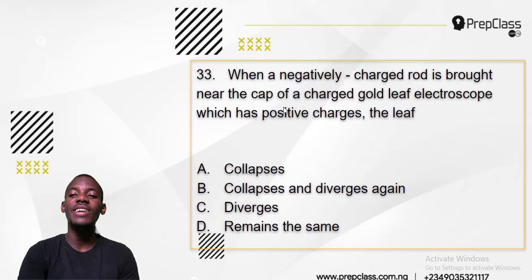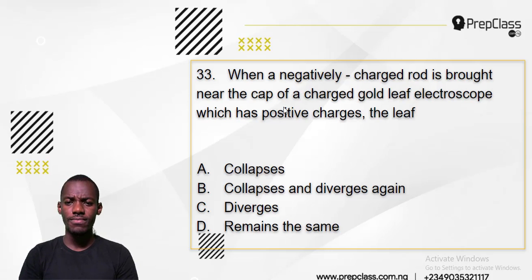When a negative charge rod is brought near the cap of a charged gold leaf electroscope which has positive charge, the leaf dash. Now we've heard about this when you learned the topic electrostatics, or static electricity, about the gold leaf electroscope. That is a machine that is used to detect charge, if the charge is positive or negative, or if a body is charged.